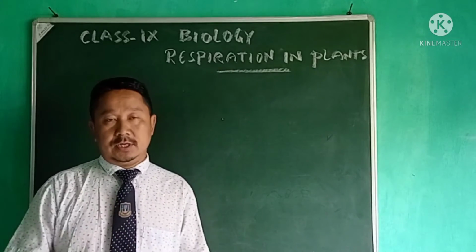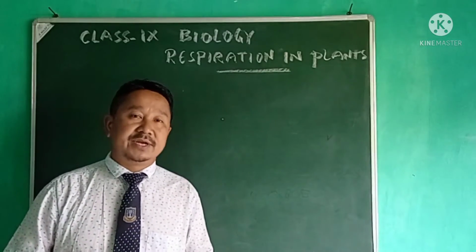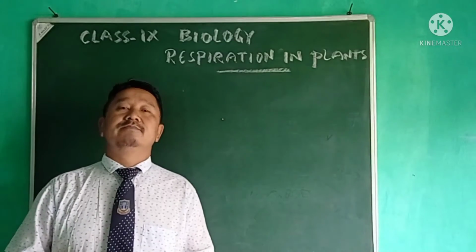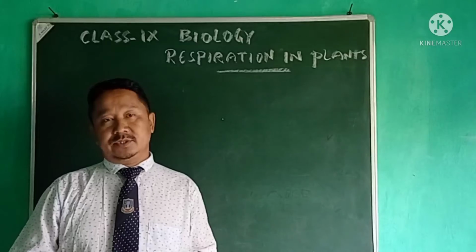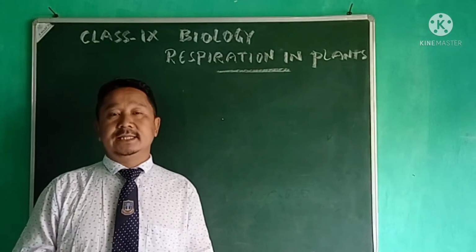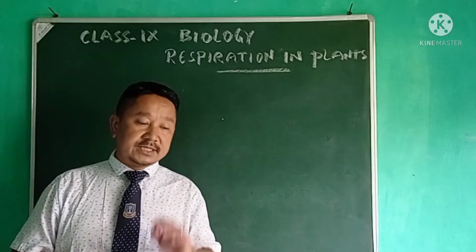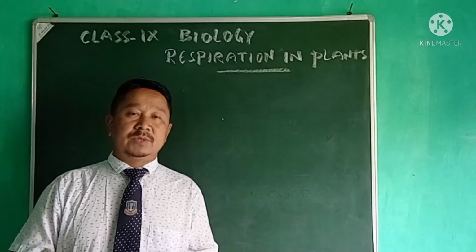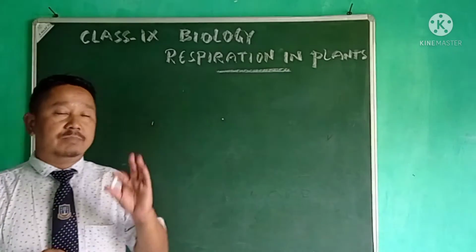So as a whole, if I have to sum up the definition of respiration, it is a process by which living organisms, not only plants and animals but living organisms, take in the air. Air means oxygen here, because once we take the air in, only the oxygen will be picked up by the blood.